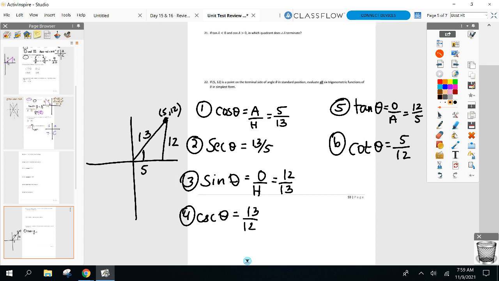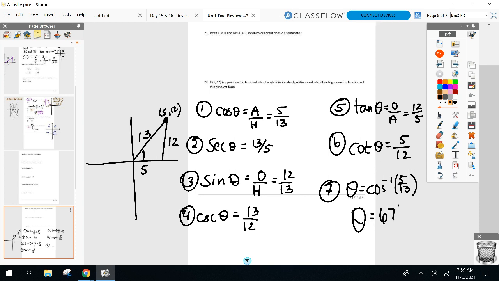I'd probably stay away from the reciprocal ones, but inverse cosine, inverse sine, inverse tangent. They're all positive, so they're all going to give you the same answer. I'll do inverse cosine. It's the first one up here. So that angle equals inverse cosine 5 over 13. And whatever the rounding, 67.